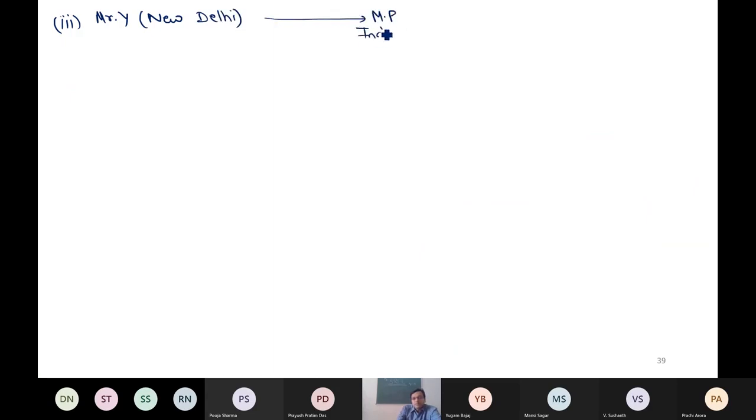You can say Indore, MP, and recharge got over. He recharged not through an authorized agent. He recharged through a stationary shop. Now anyone can do the recharge nowadays through a stationary shop. And the phone is of Vodafone, for example, Maharashtra.